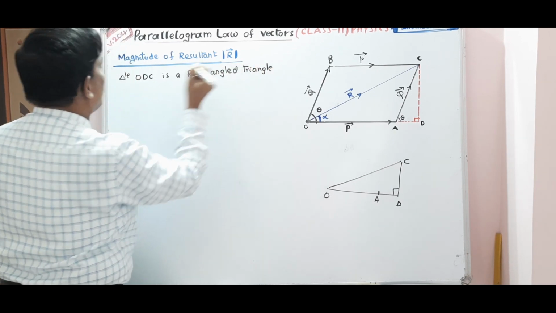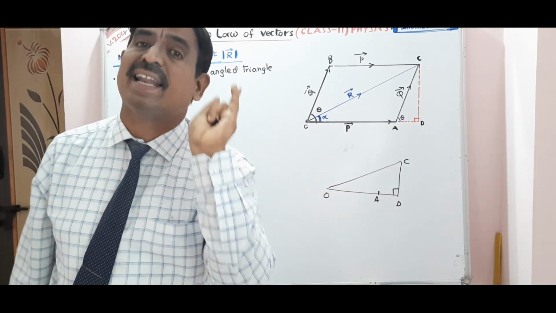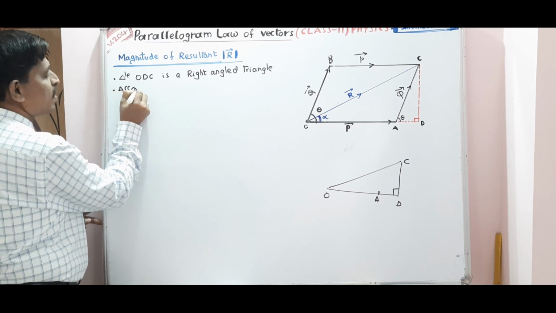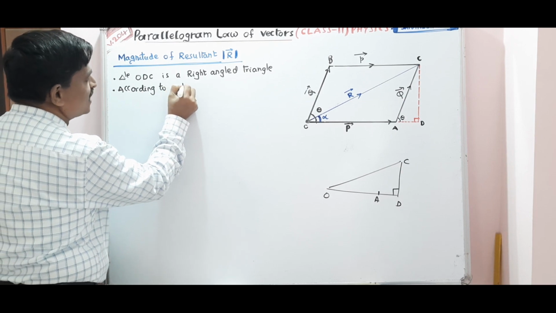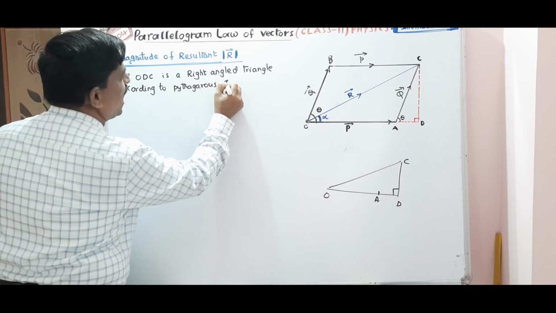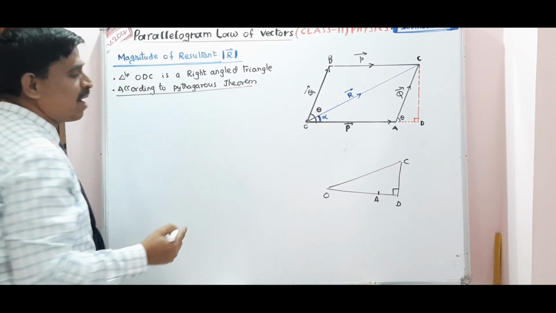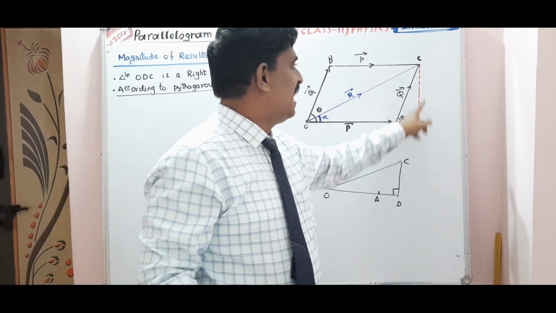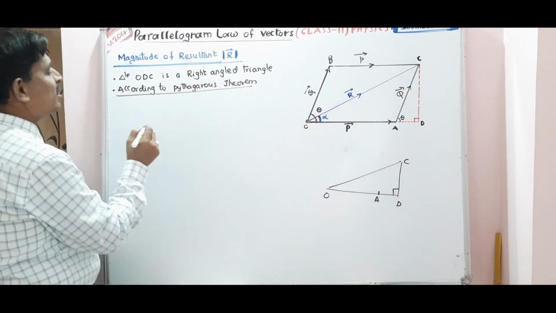You know very well, right angled triangle means Pythagoras theorem. According to the Pythagoras theorem, ODC is a right angled triangle.